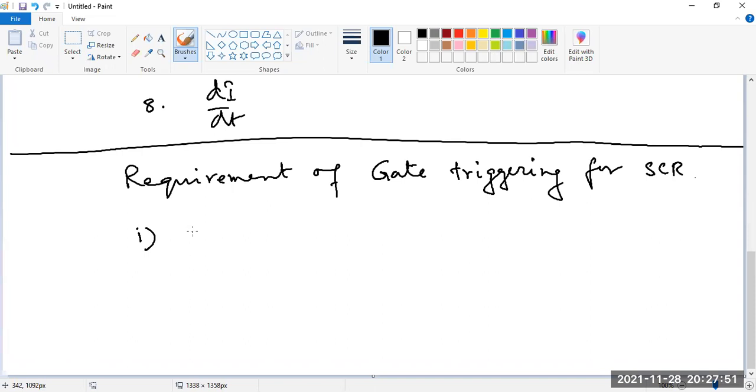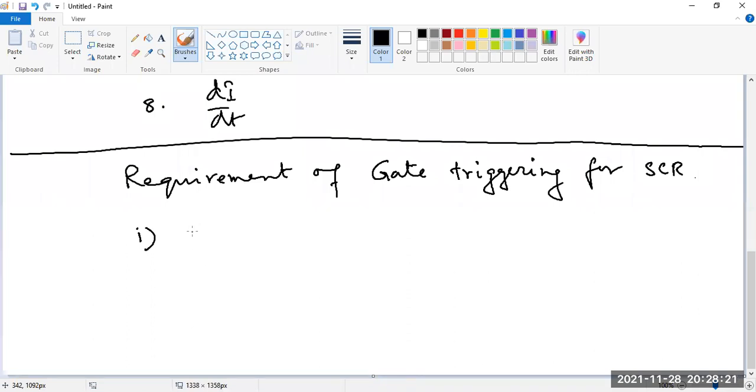Gate pulse. Okay. And who will decide the width of the gate pulse? That also I have mentioned. How will the width of the gate pulse be decided? Sir, we have to decide the gate pulse such that alpha 1 plus alpha 2 becomes nearly unity, and the anode current becomes greater than the holding.